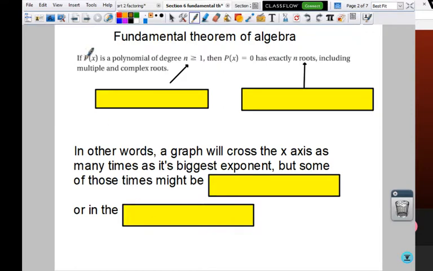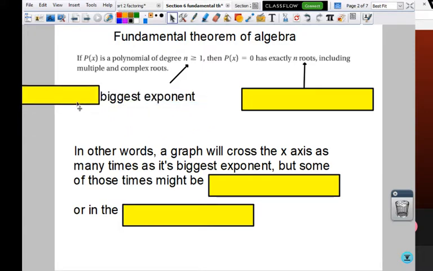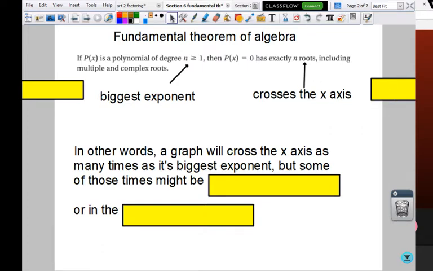It says if p of x is a polynomial of degree n bigger than 1, what that means is n is your biggest exponent. If that is bigger than 1, then p of x equals 0 has exactly n roots, or that's where it crosses the x-axis. We've been finding answers, roots, solutions, including multiple and complex roots.